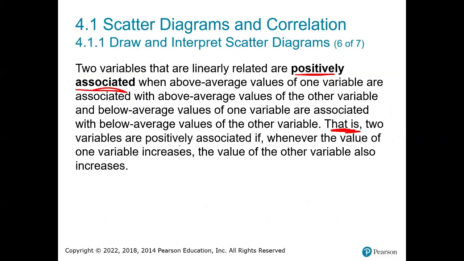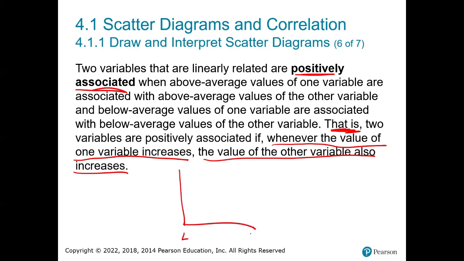Two variables are positively associated if whenever the value of one variable increases, the value of the other variable also increases. Okay, so let's look at this. And we always look from left to right. What you're going to do is look from left to right. How do the points move? Okay, well, in a positive association from left to right, they are going to move up.